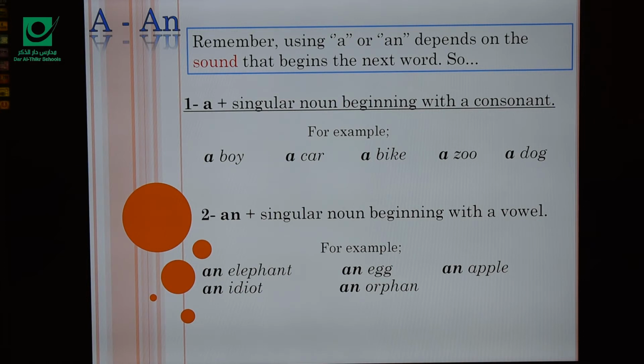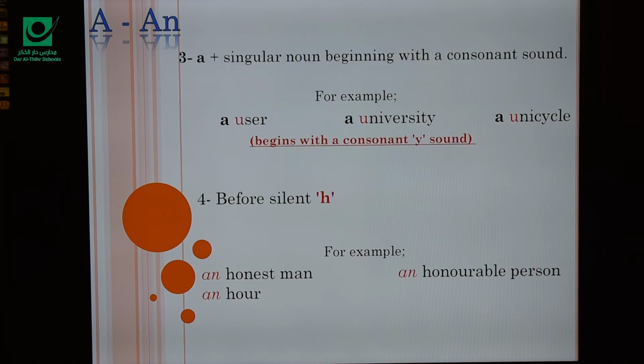But an, we use before any singular noun beginning with a vowel, like an elephant, an idiot, an egg, an orphan, an apple. If you would like to remember the vowels, there are 5: A, E, I, O, U.